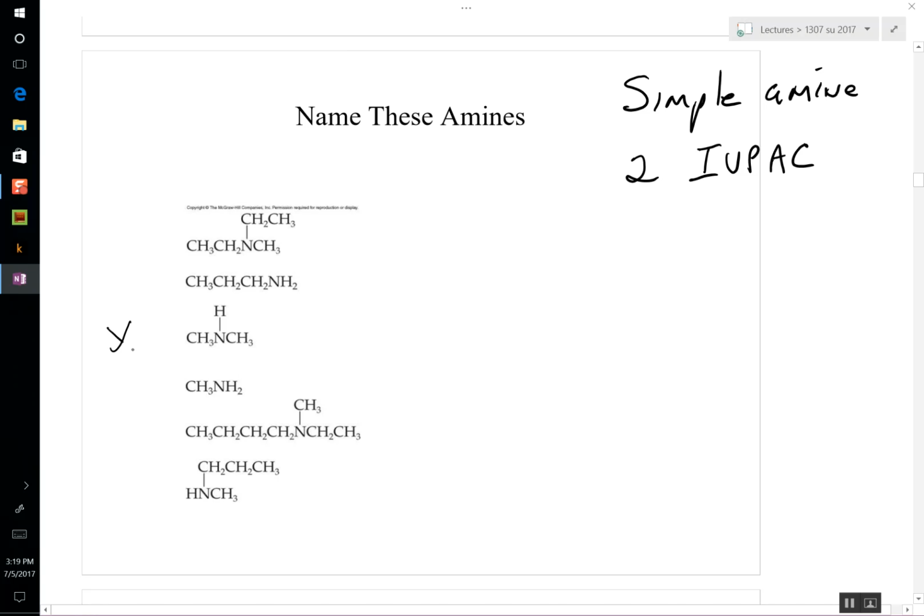Example, right there. That is dimethylamine. That is a simple name. Now, I could give you the IUPAC name for that, and that'll just confuse you. There are two IUPAC names for it, but let's not go there.